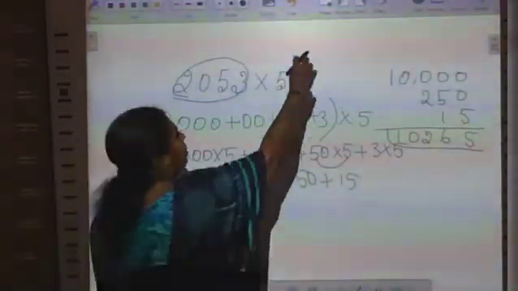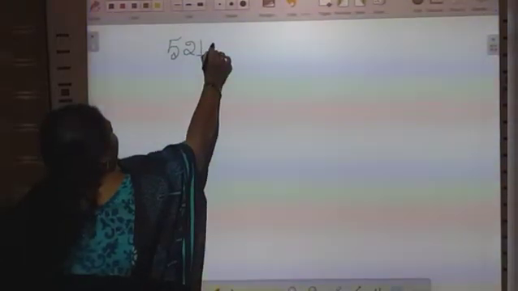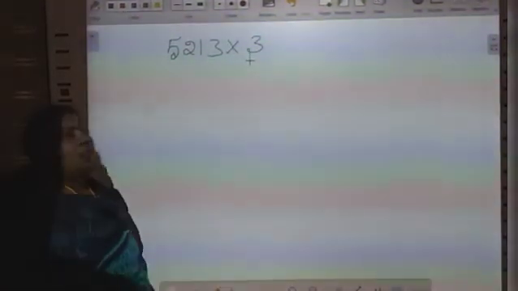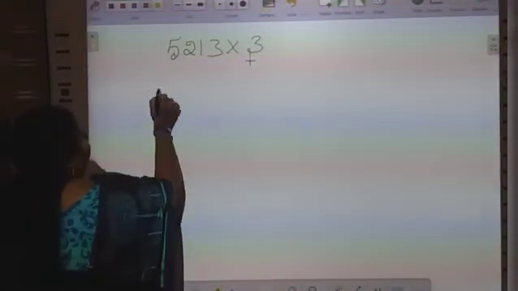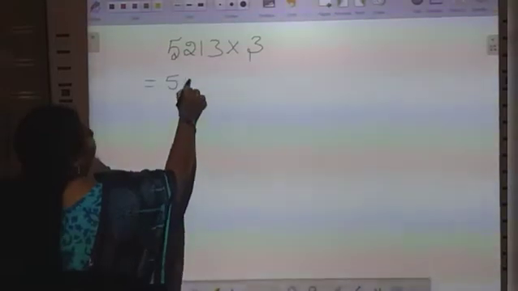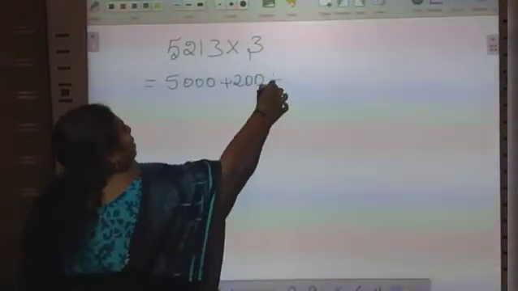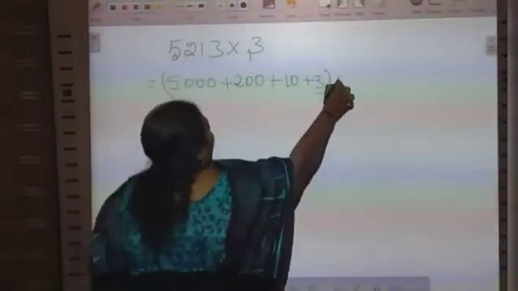One more example of the distributive property: 5,230 into 3. First we write the expanded form: 5,000 plus 200 plus 10 plus 3, into 3.